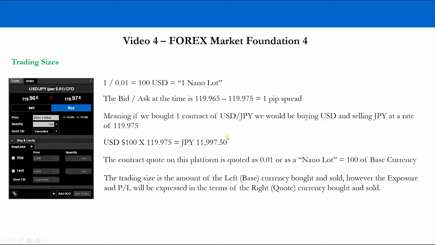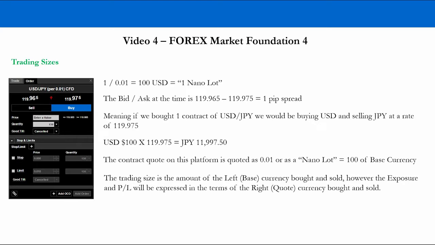The exposure and P&L, as in the previous example, is going to be worked out on the right-hand side currency. The contract quote on the platform is quoted as 0.01 or as a nano lot, and this equals 100 of the base currency.